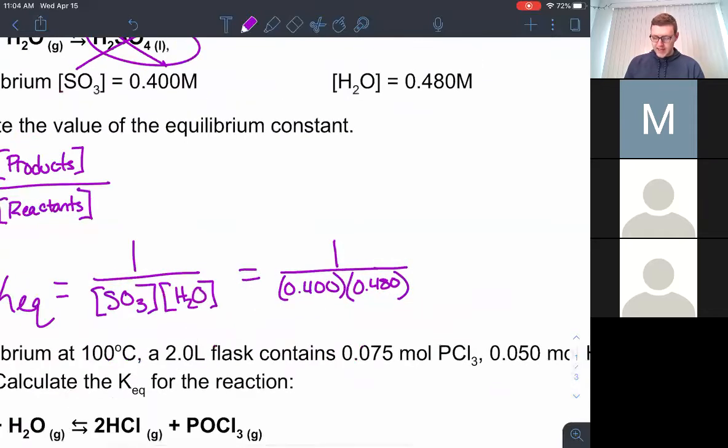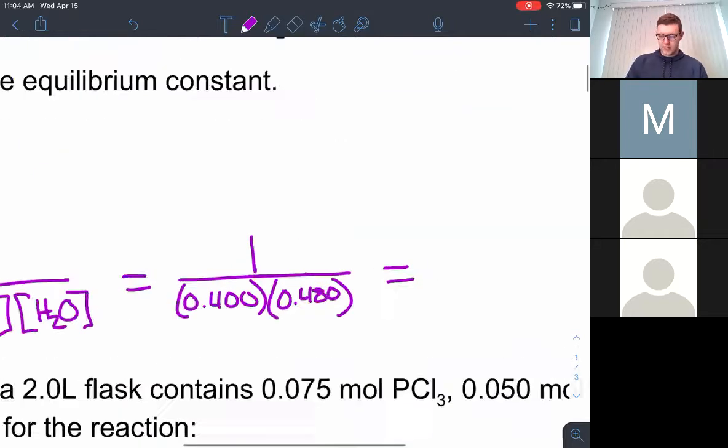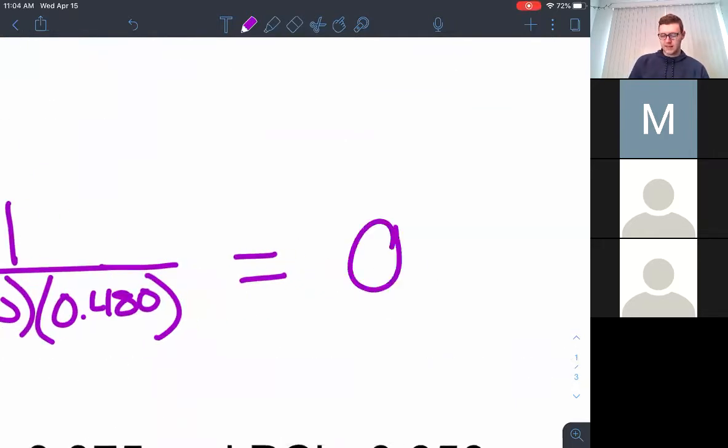And this will give us our equilibrium constant value. And you should get something along the lines of 0.192.